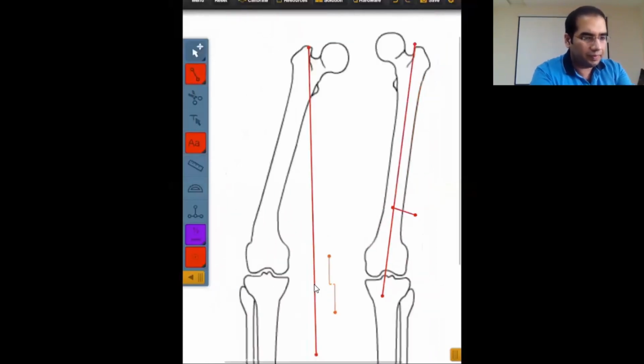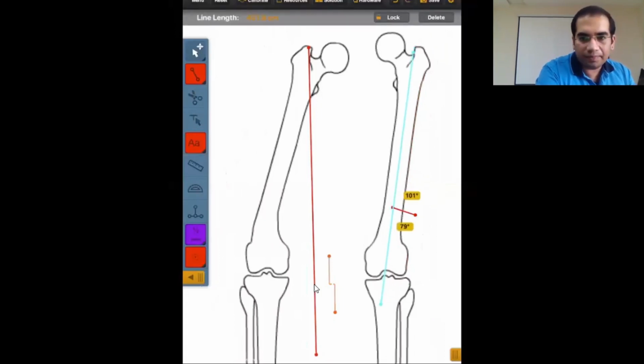I'm going to repeat. On the normal side, this is the anatomical axis. It is the mid-diaphyseal line, which usually passes from the piriformis fossa to just medial to the apex of the notch.